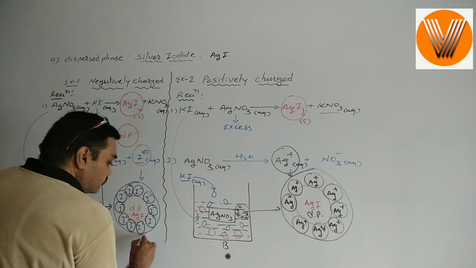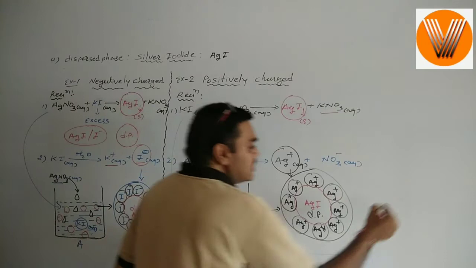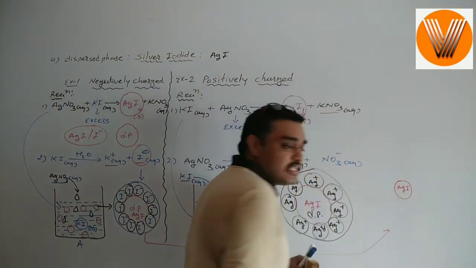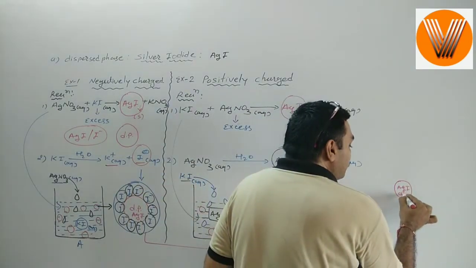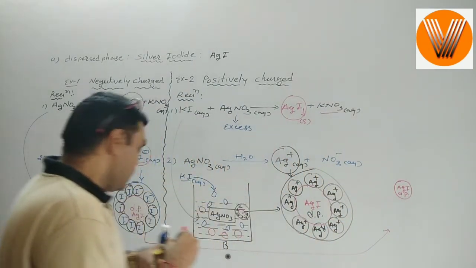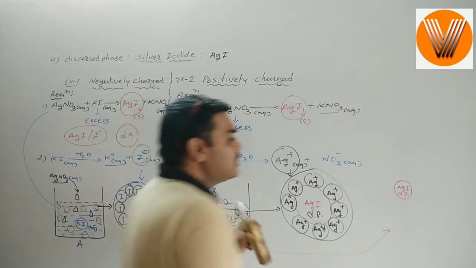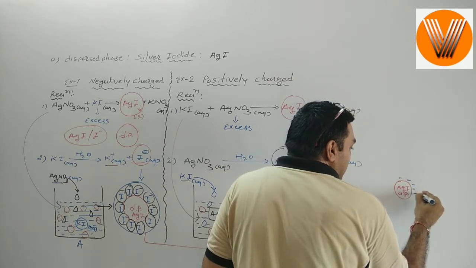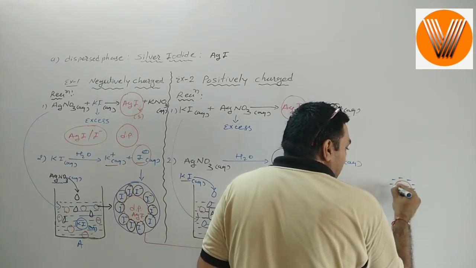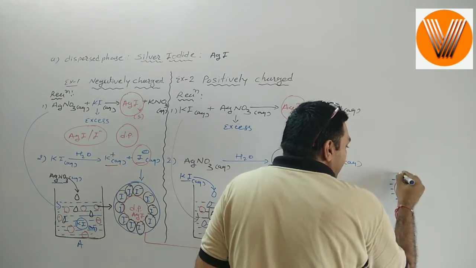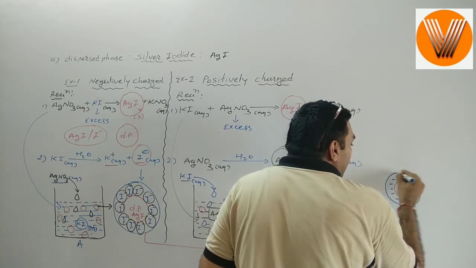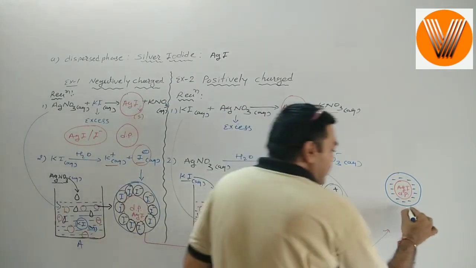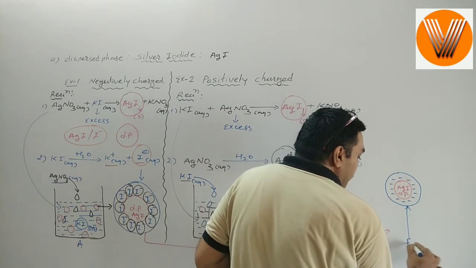Here you will find that AgI, silver iodide, as a dispersed phase adsorbs negative ions, I minus, and makes a fixed layer. A negatively charged ion layer will form, which you consider the fixed layer.